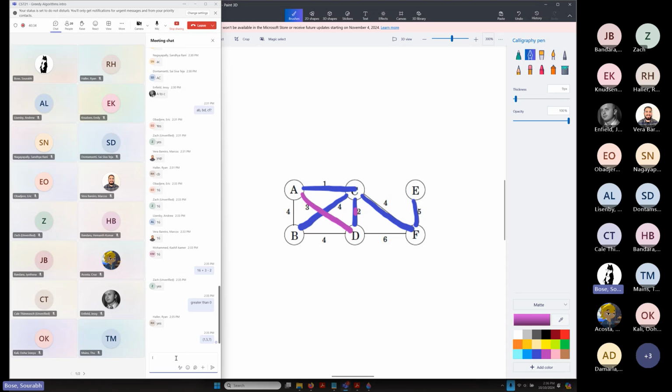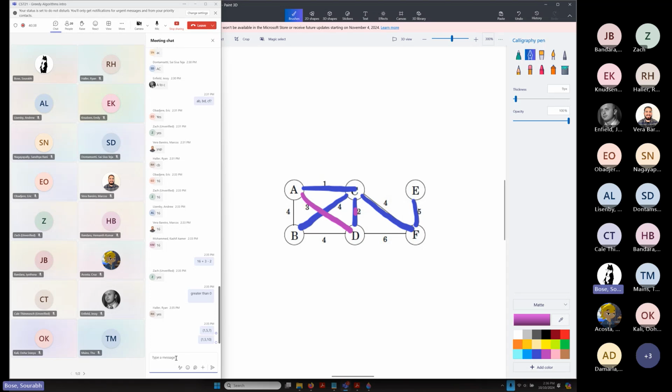But if I change the coin denominations to 1, 5, and 10, now this problem becomes greedy. Why does it become greedy? Well, given a solution, let's say my target amount was 13, and the coins that I picked are 5 plus 5 plus 1 plus 1 plus 1.